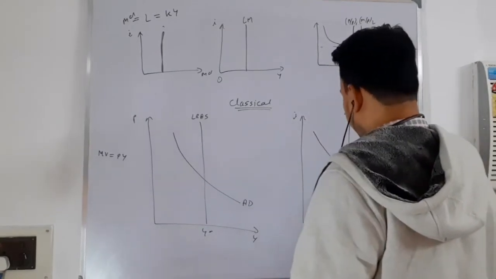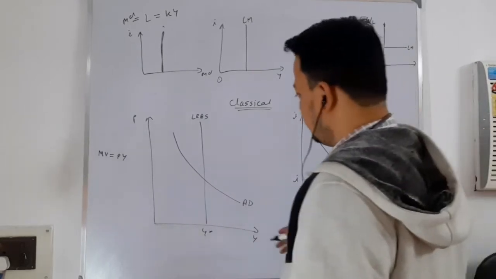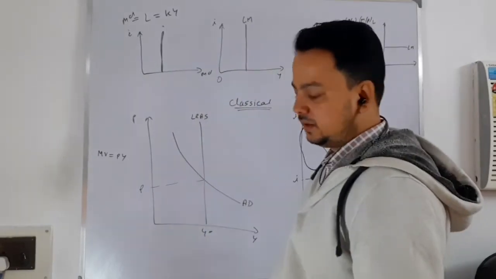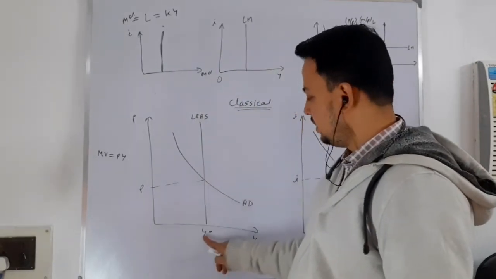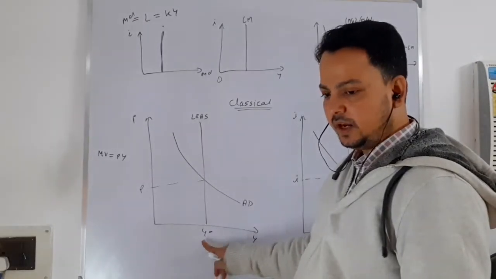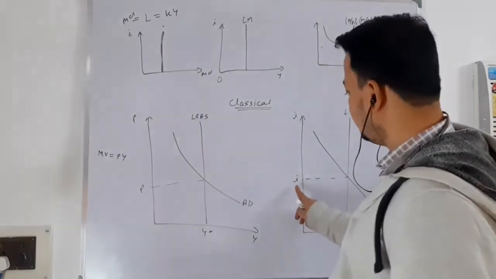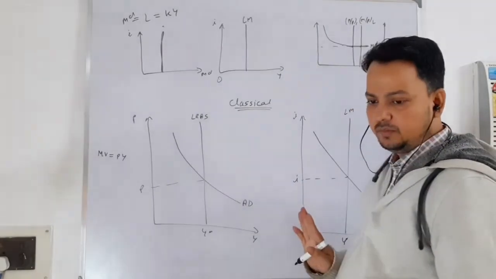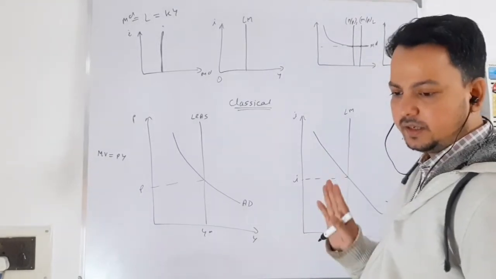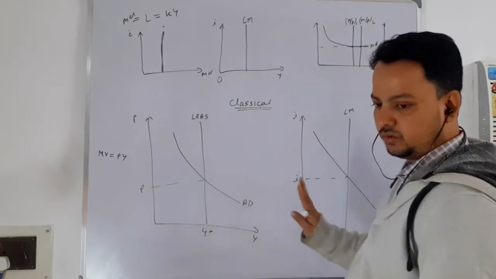This is IS. This is the equilibrium rate of interest in the classical case, and this is the equilibrium price level in the classical case. So I have determined equilibrium price level and output level in the classical case, and employment you can determine in the labor market through labor demand and labor supply. And this is the rate of interest that I derived using the IS-NM model. In the classical case we derived it using saving and investment. In the IS-NM model I can derive the rate of interest like this also.